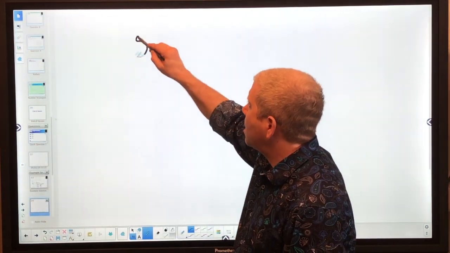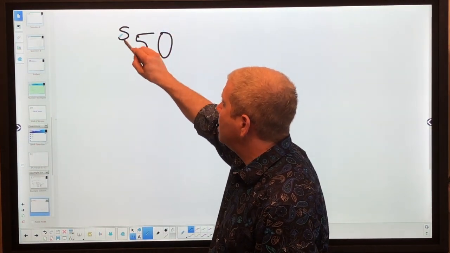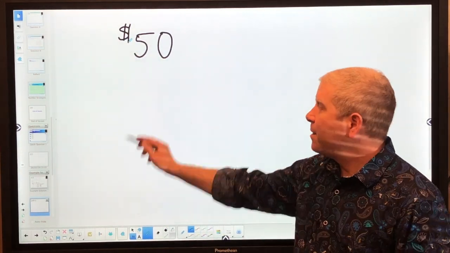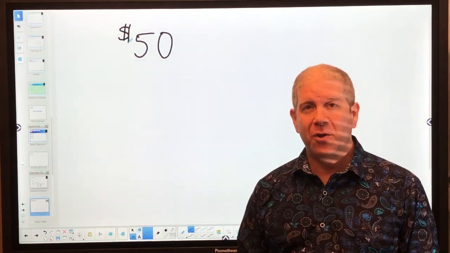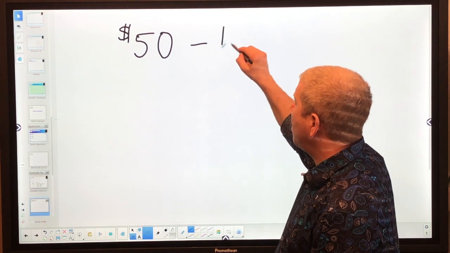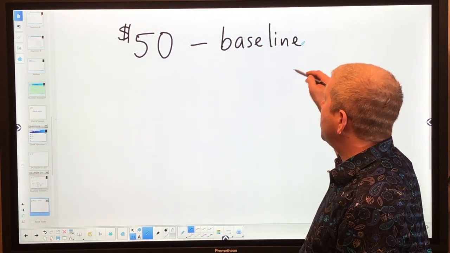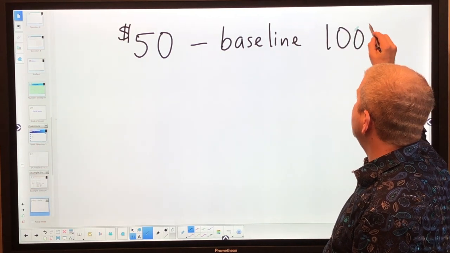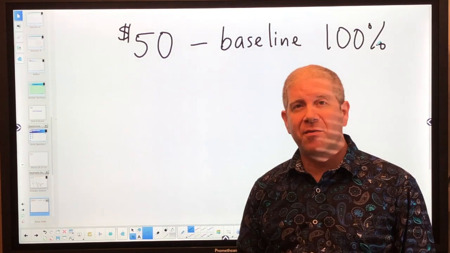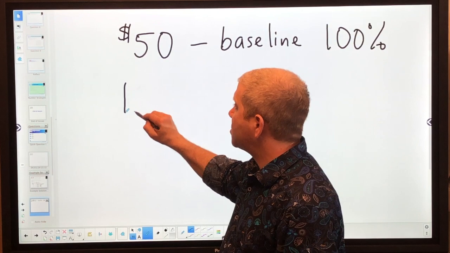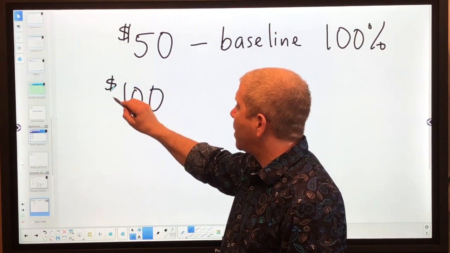If you have a stock, let's say Apple computers, their stock is selling at $50 right now. If we call that our baseline, our starting point, we would be saying that that $50 is 100% of the stock value. Well, what happens if the stock value goes up to $100?